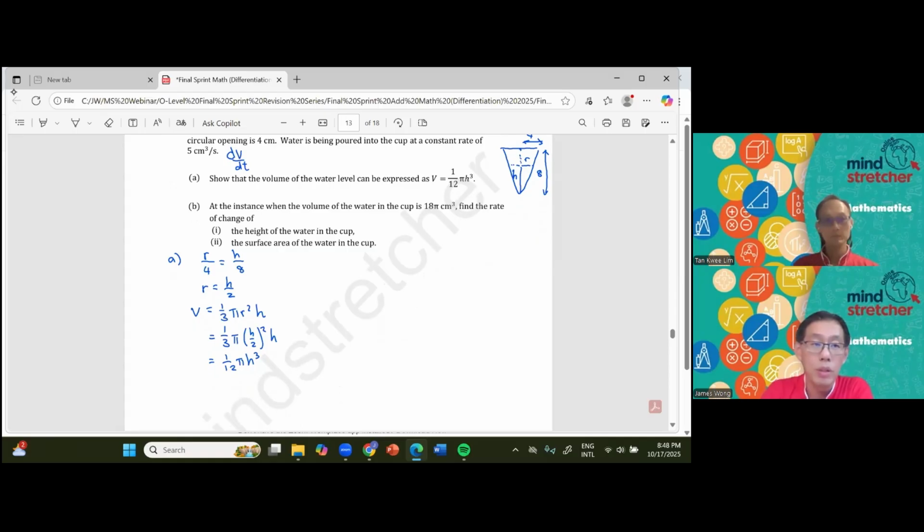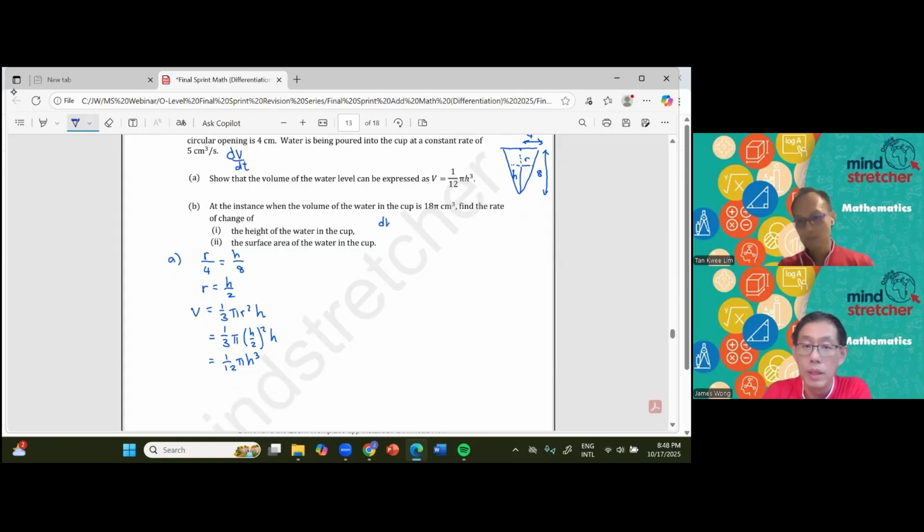So that means this question here, the first part, is to find the rate of change of the height, meaning I want to know what is dH dt. The question is actually asking me for dH dt. Am I right? Because the rate of change of height, which is my H, right? So actually I'm trying to find my dH dt.